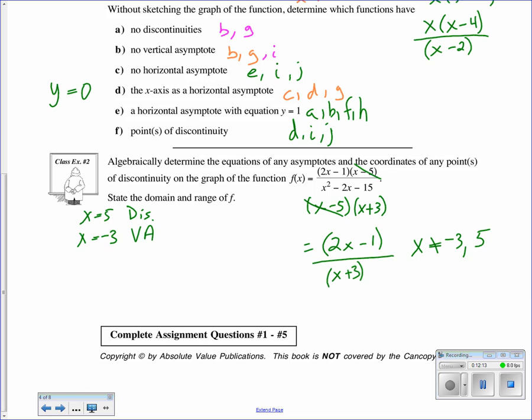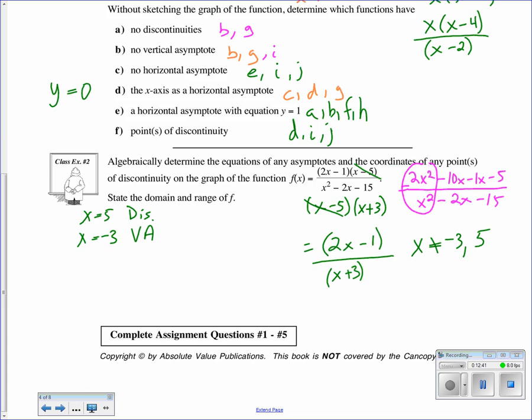At the value x equals negative 3, I have a vertical asymptote. And I also have a horizontal asymptote. Remember, the horizontal asymptote is studied by looking at the degree of the polynomial. And I'm going to get in the numerator, if I were to FOIL that out, 2x squared minus 10x minus 1x minus 5 over x squared minus 2x minus 15.